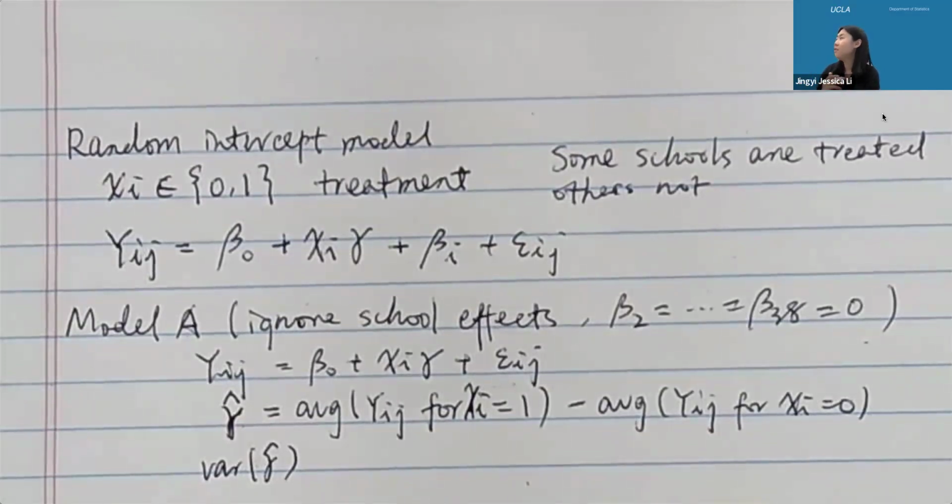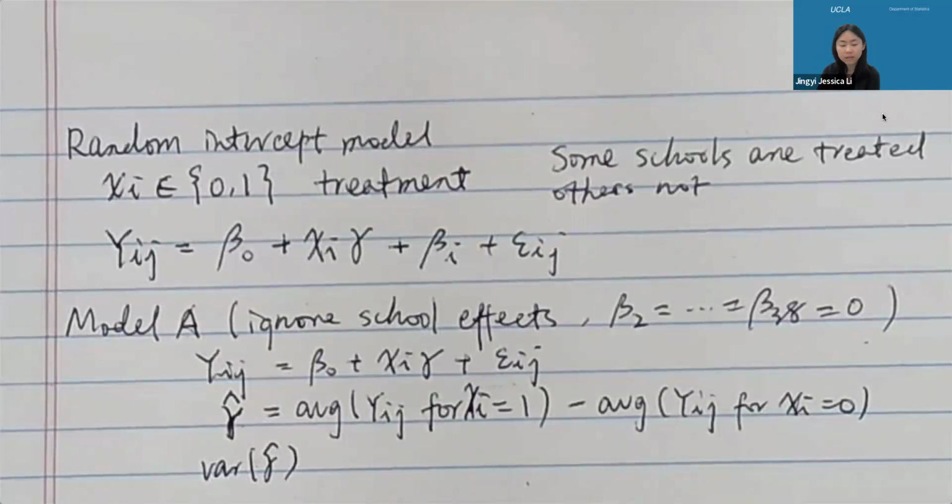So that's why accounting for school structure is important, because students in one school may be more similar. And we will come back to this issue once we use the math to talk about it. You will see more clearly why there's dependence induced by the schools.